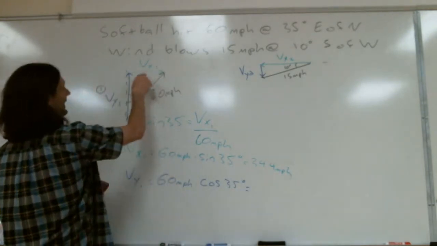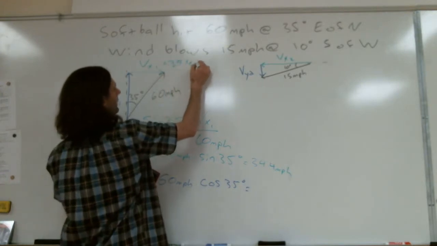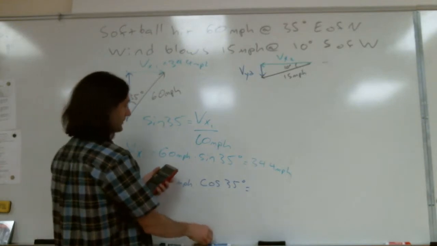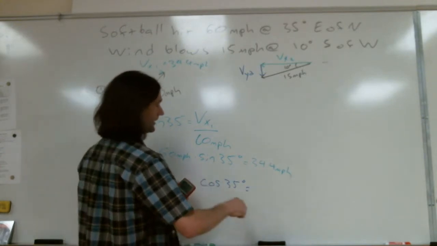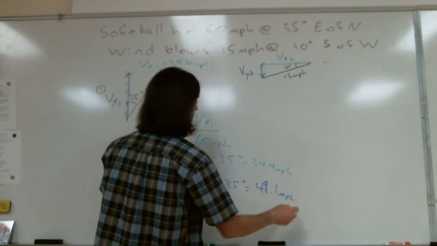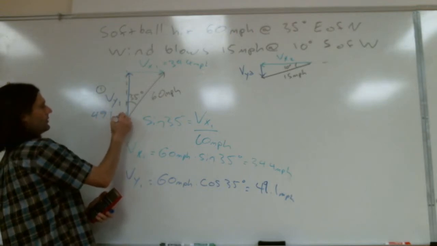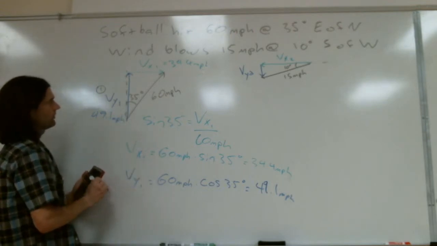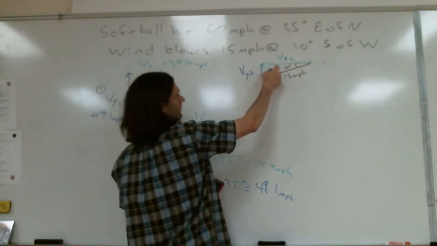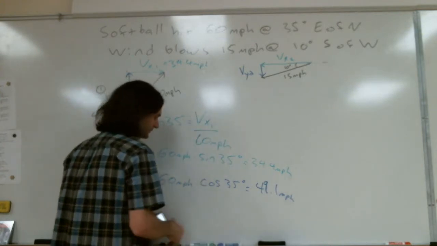So that's what this x component is now, 34.4 miles per hour. And the y one is 60 times the cos 35, that was 49.1 miles per hour. Okay, so to those two numbers, this green one I'm going to combine with that green one, and this blue one I'm going to combine with that blue one.